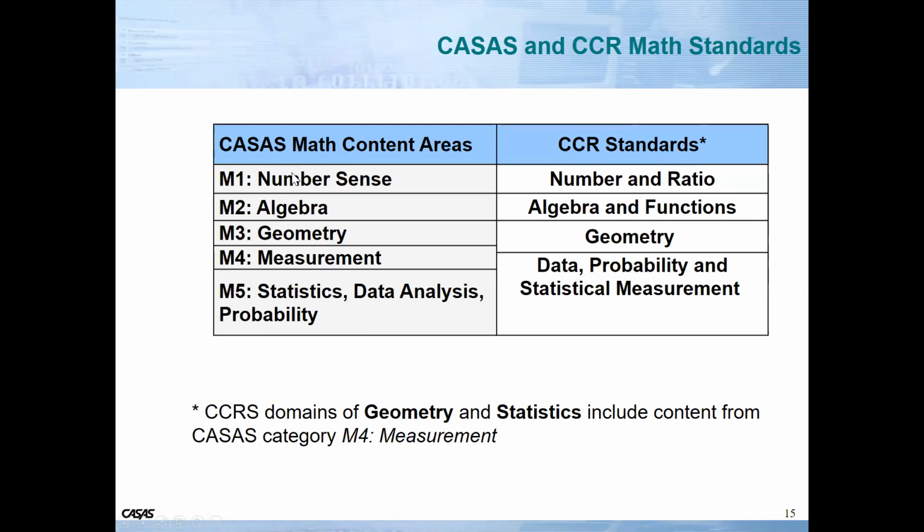So we have retained them, and in our reports, we'll be reporting out in terms of both the CASAS math content areas as well as the CCR standards. So if you are using the CCR standards, we will have reports that report the results in terms of those, or if you prefer ours, you can use those. So that's there for you to use what you prefer.